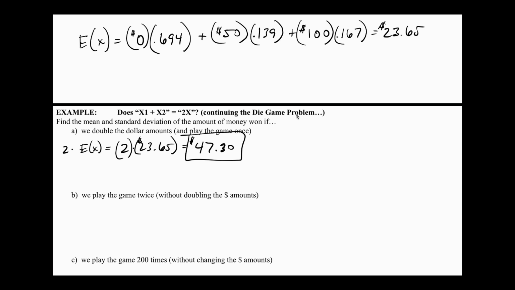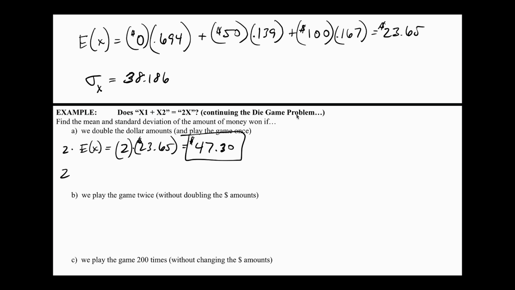How do I do standard deviation? Well, we didn't find the standard deviation of the last one, right? What was it, when you calculated? So if I double everything, that's a scalar. That means I'm multiplying.